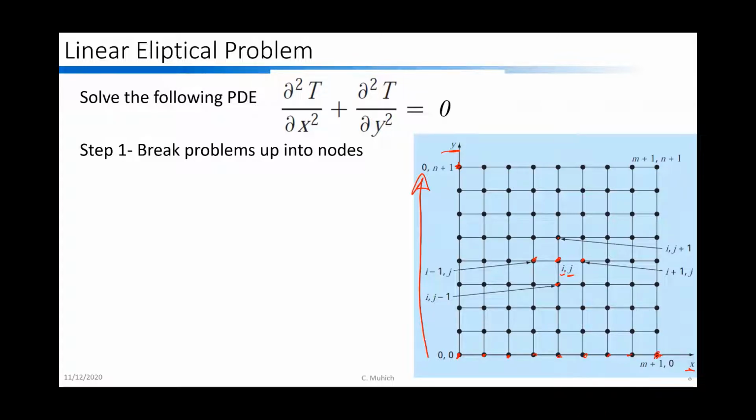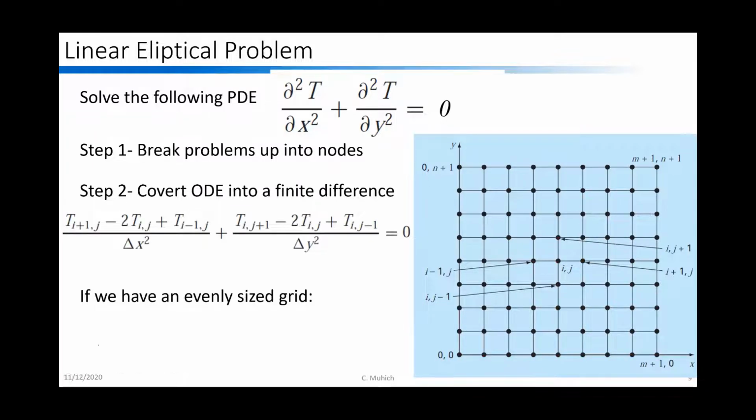Okay, so now that we've broken up our problem into nodes, we're ready to convert our PDE into a set of finite difference problems. So we're going to break this up.